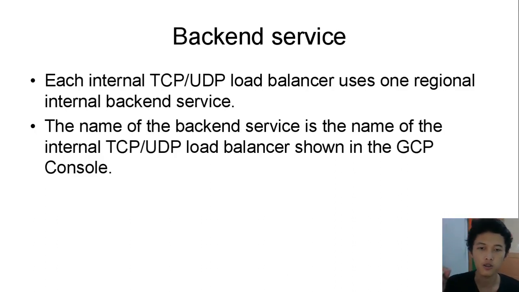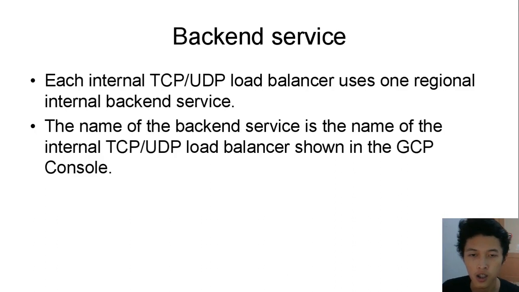A regional backend service will accept either TCP or UDP traffic, like I mentioned before, but not both, and it will default the traffic to the backend VMs on the same port to which traffic was sent, based on the forwarding rules you defined earlier. The backend service must have at least one instance group, and it has to be associated with a health check.